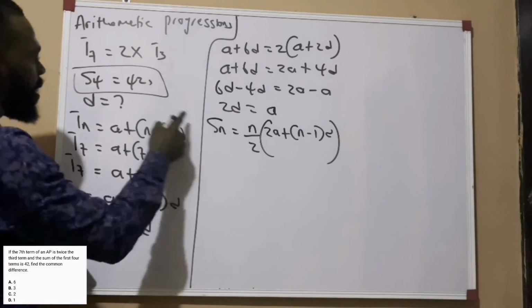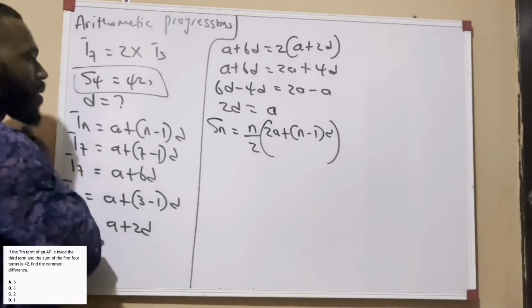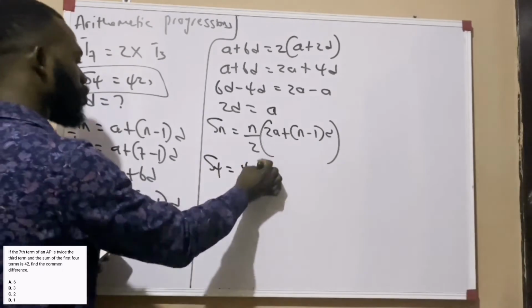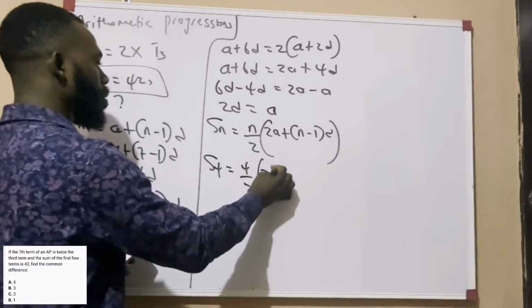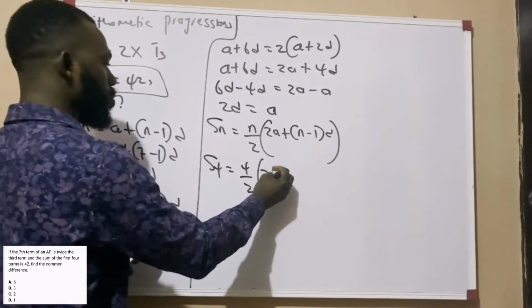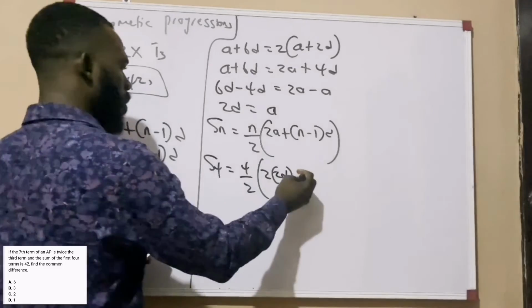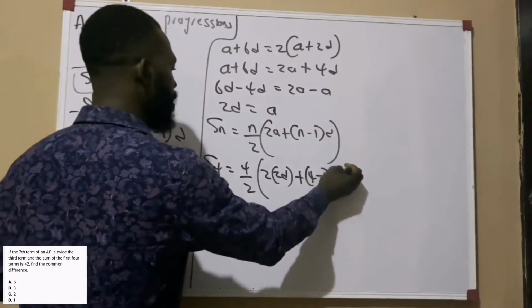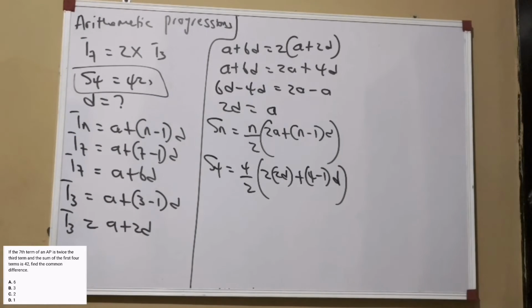Okay, now our n is 4, which is the sum of the first 4 terms. So here S4 is equal to 4 over 2 into the bracket of 2 times a, and a is 2d, plus n, which is 4 minus 1, times what? d, because we don't know what d is.